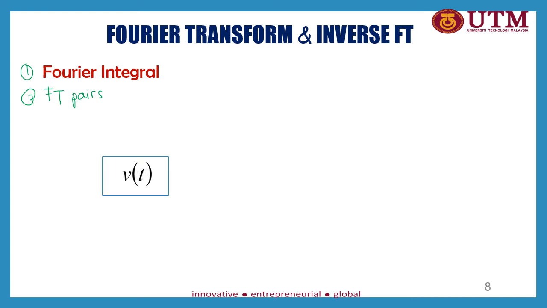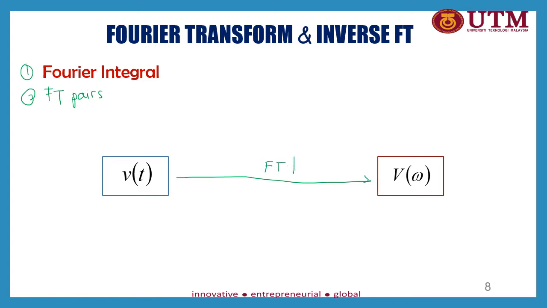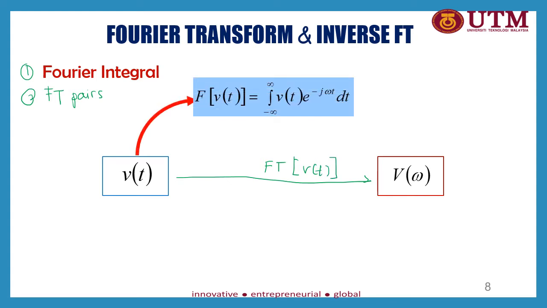When you have a signal in time domain v(t), to get the spectrum in frequency domain, or the Fourier transform of v(t), you need to perform integration of the signal in time domain multiplied with e to the minus j omega t dt. Then you get the Fourier transform of signal v(t).